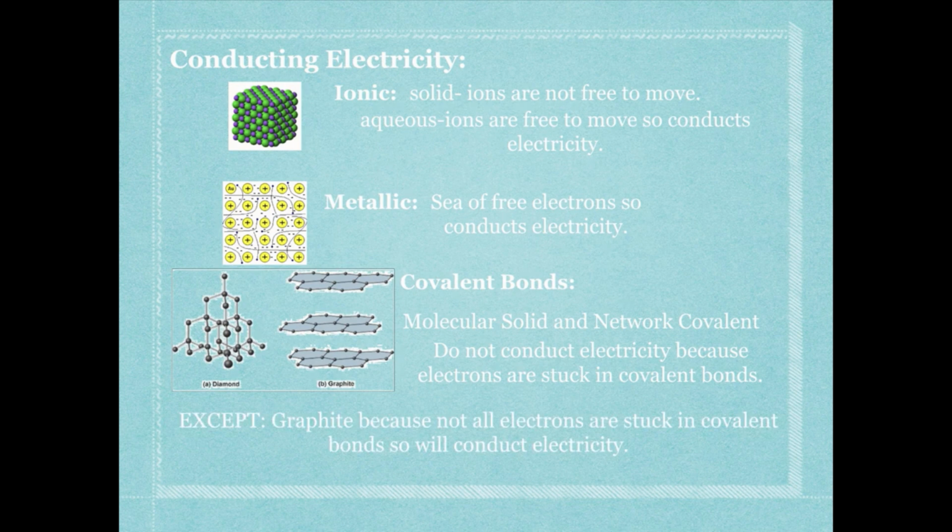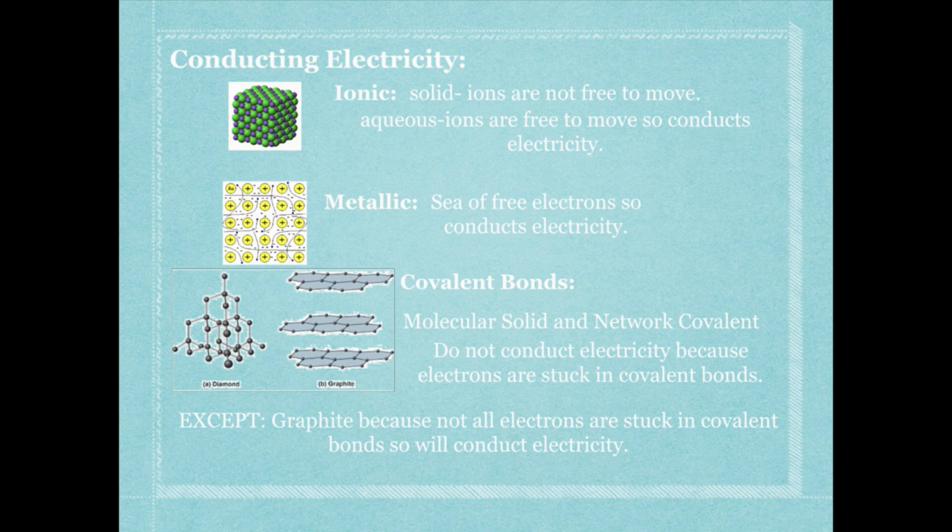That exception is graphite. Remember, for graphite, as I just stated, they form sheets, right? So every single carbon atom does not have 4 covalent bonds coming off of it. Instead, you will have carbon atoms that have lone pairs of electrons, and that's what enables them to form these sheets that we see in graphite.